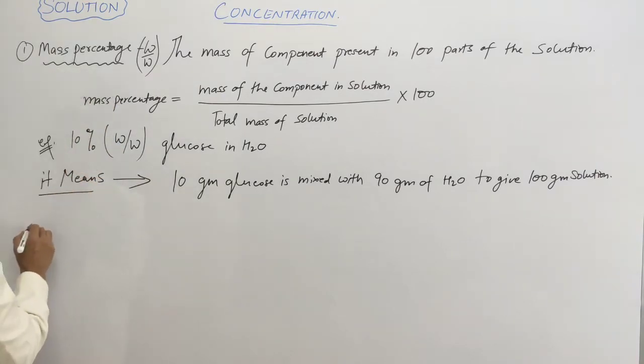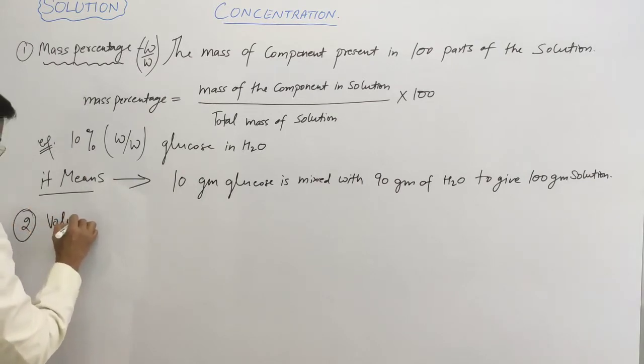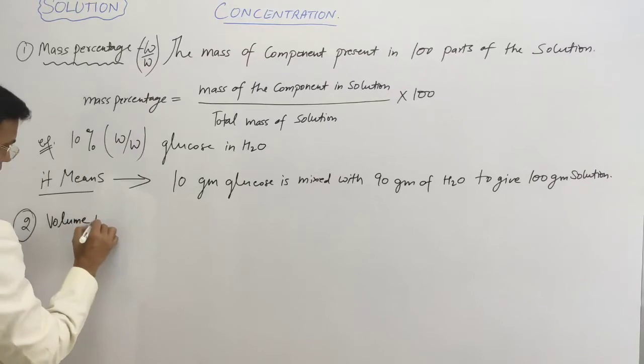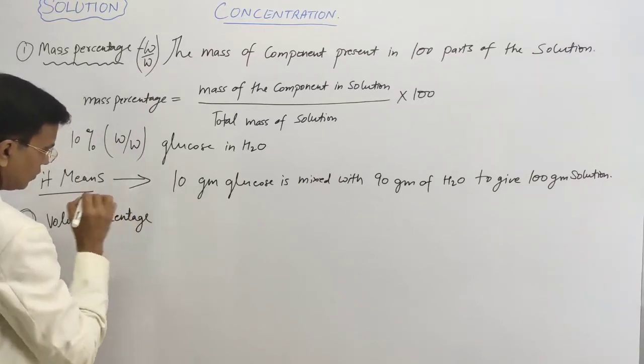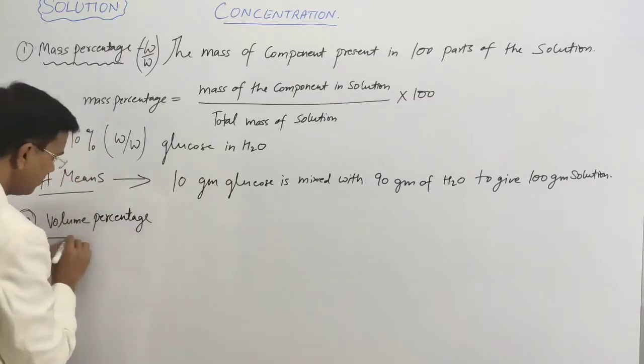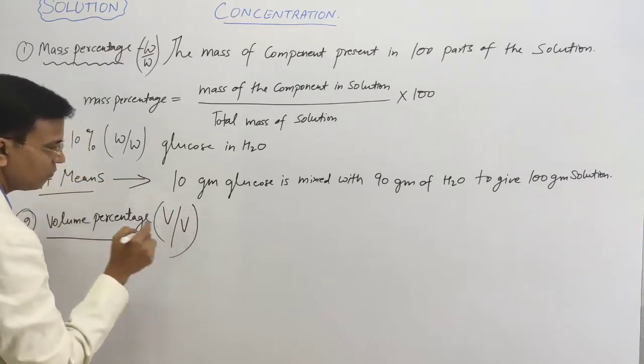So now the next, second, is volume percentage. Volume percentage is indicated by V upon V, which means both sides are volume.